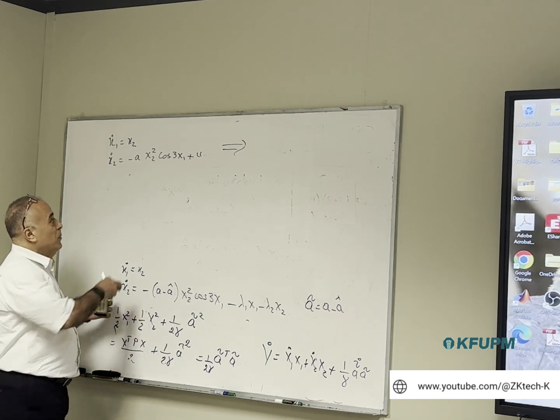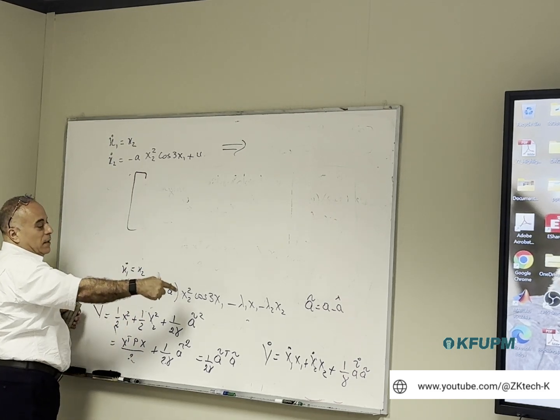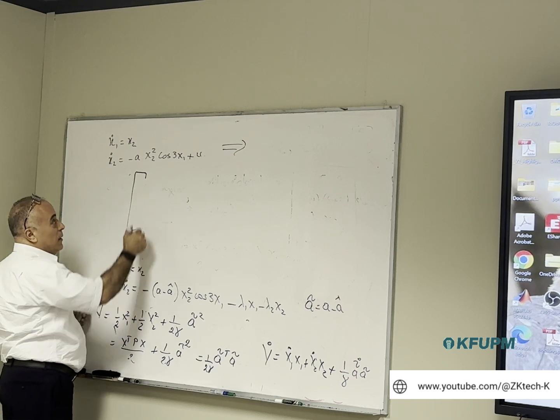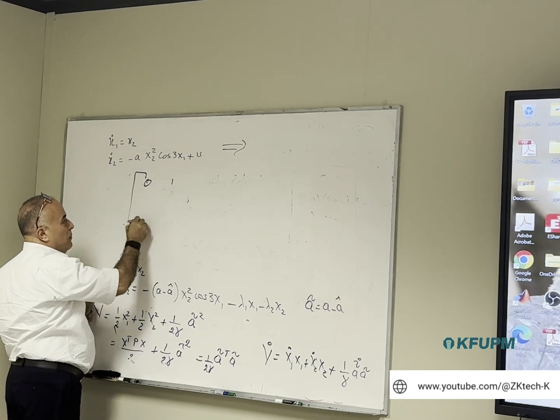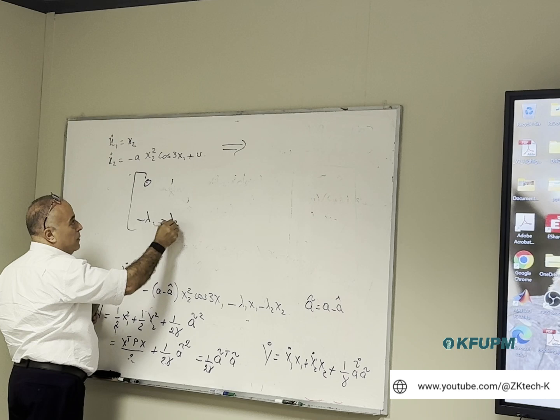But the system is composed of this. If I replace my control signal there, it's replaced here. I will find 0, 1, minus lambda 1, minus lambda 2.